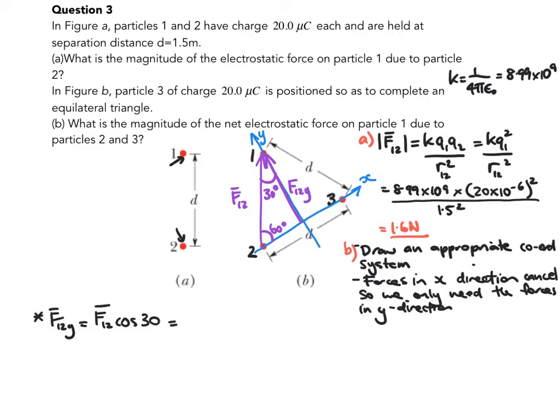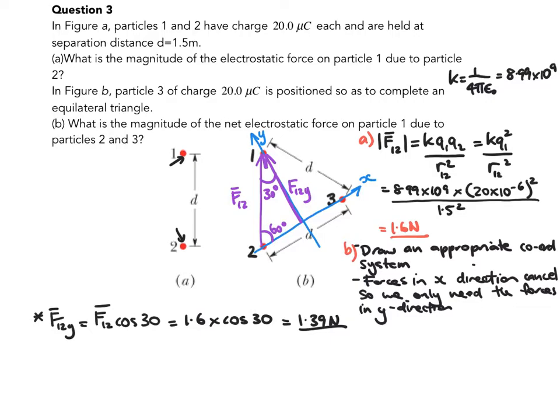And we figured out the magnitude of that force in the last question. We know it's 1.6 newtons. So we go 1.6 times cos of 30, and we get 1.39 newtons. So that's the y component of the force of 2 on 1.